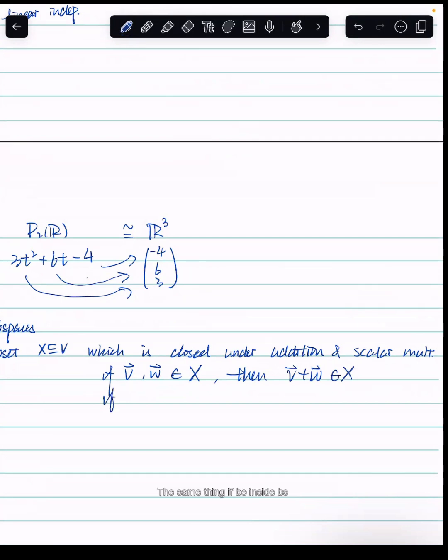Same thing, if V is inside of X, then a scalar multiplied by V should be inside.